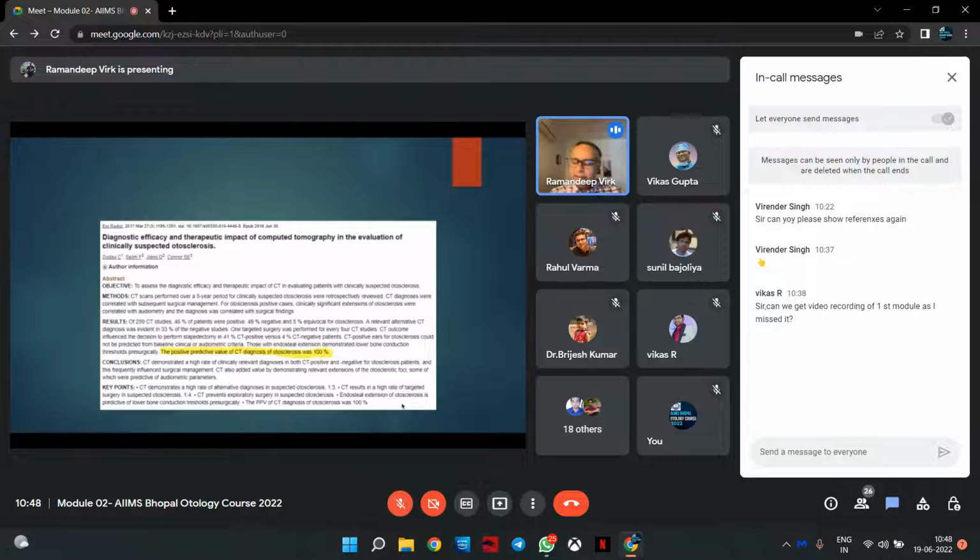And this actually is true. Once you are able to see that little focus in the fissula ante fenestram, your eyes will get trained. You will pick up every case of otosclerosis on a CT. But it has to be seen on the DICOM. So we ask the patient to get the CD or email it to us, and we see it on our DICOM viewer.